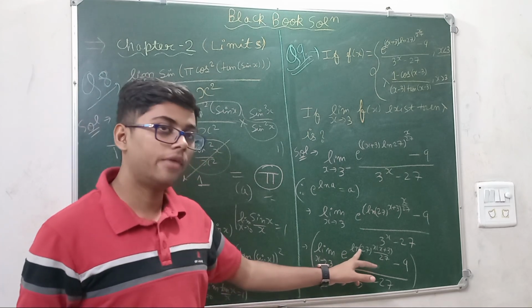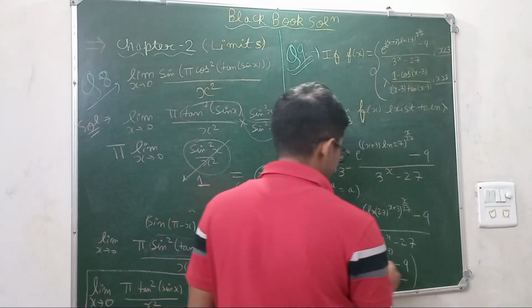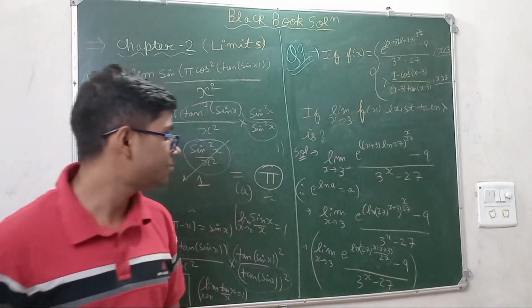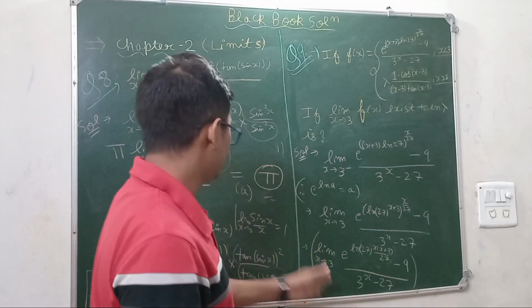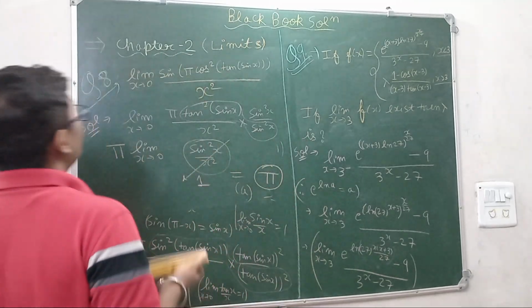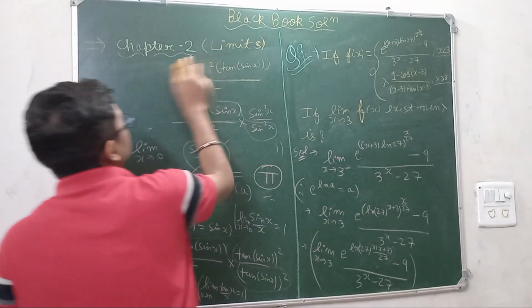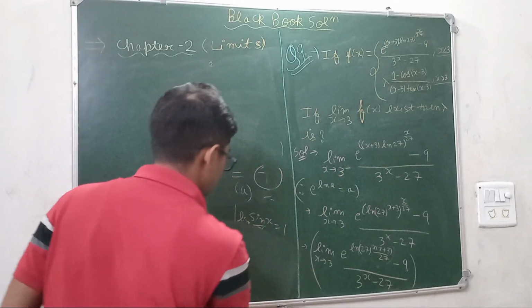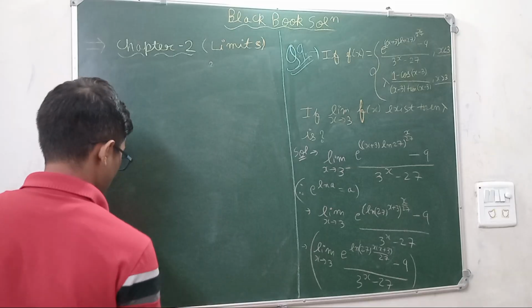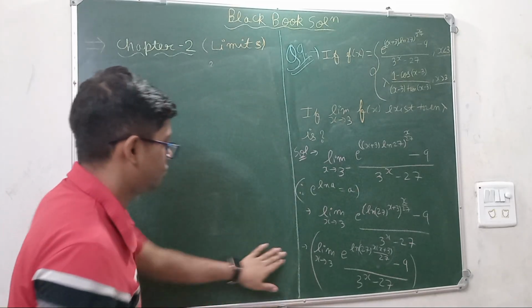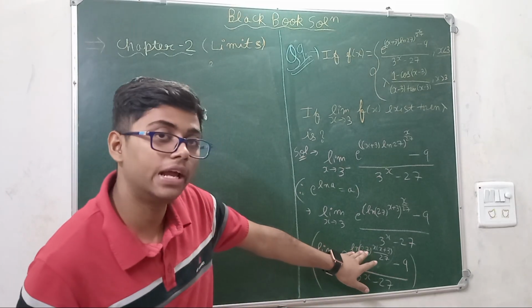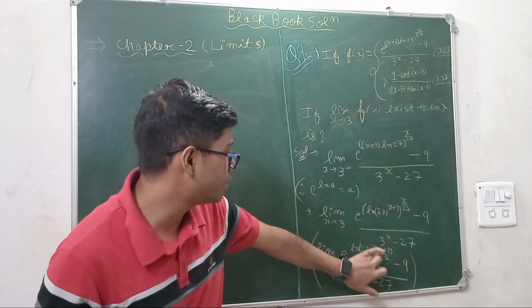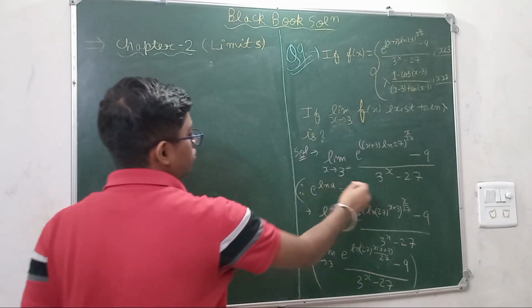Now, e to the power ln x. Here x is 27 to the power x times x plus 3 upon 27, minus 9. Okay, so let us do it further. Now this will become what? e to the power ln x, so this will be only 27 to the power x times x plus 3 upon 27, according to this property.